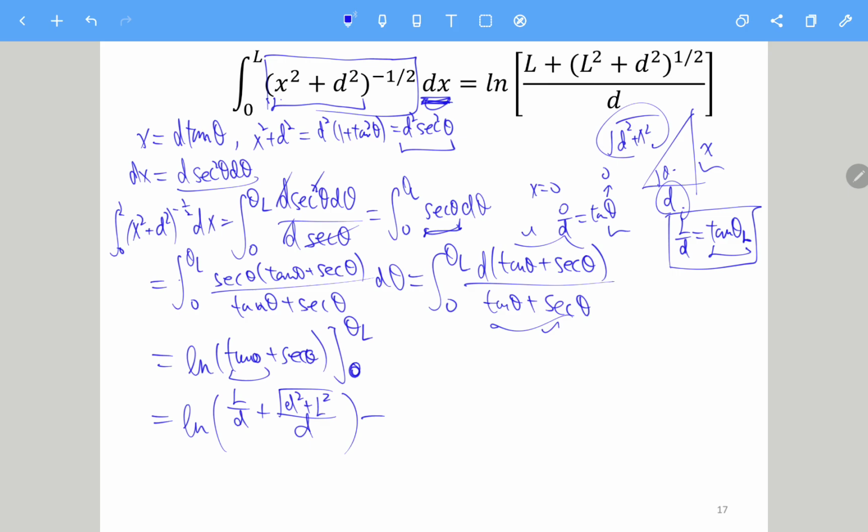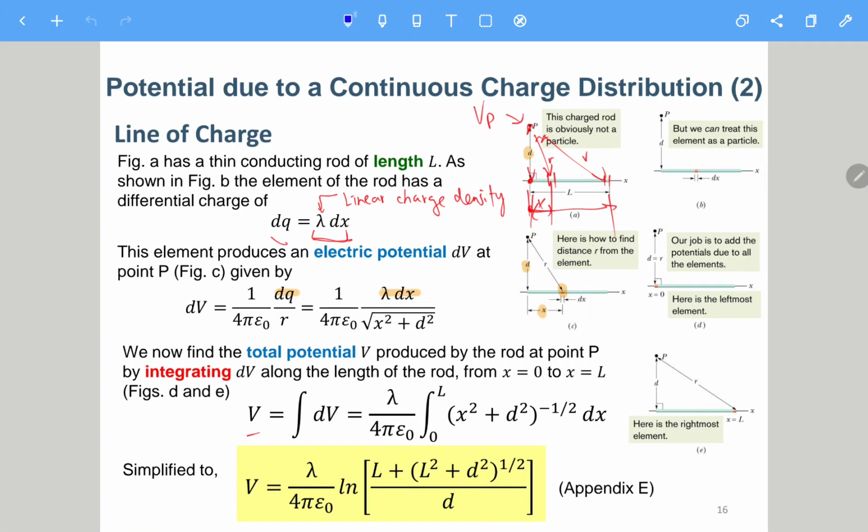Then minus the natural log of the value at 0: tangent of 0 is 0, and secant of 0 is 1, and the natural log of 1 is 0. So finally, the answer will be the natural log of L plus the square root of L squared plus d squared, all over d. So we get this expression, and that's why the expression here looks like this in the appendix.